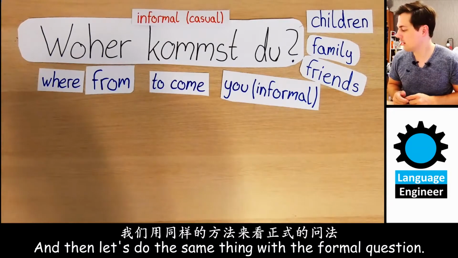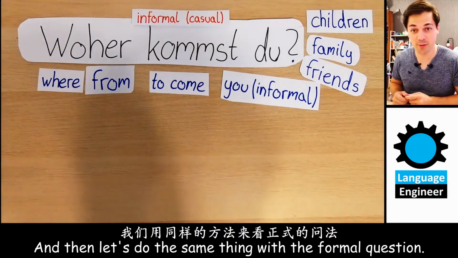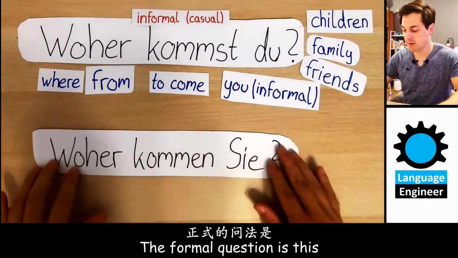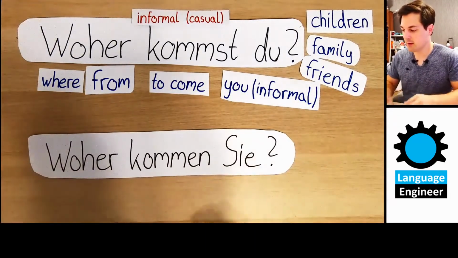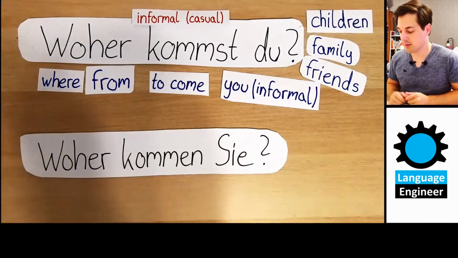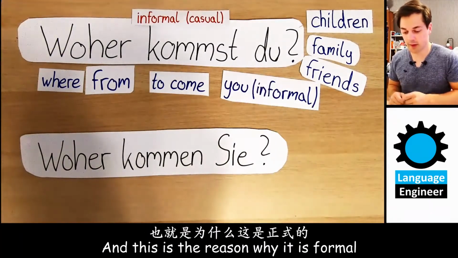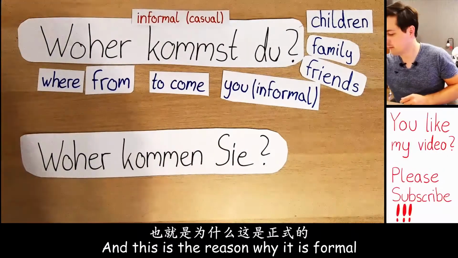Okay? And then let's do the same thing with the formal question. The formal question is this. And we have sie here instead of du. And this is the reason why this is formal.